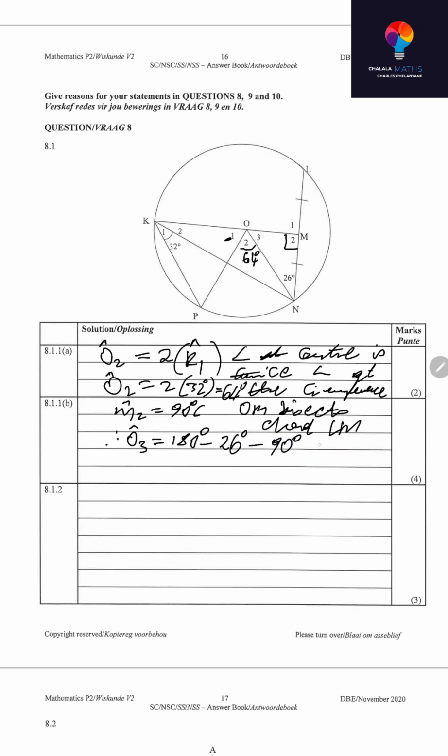The reason being, it is the sum of angles in a triangle. They are in a triangle.